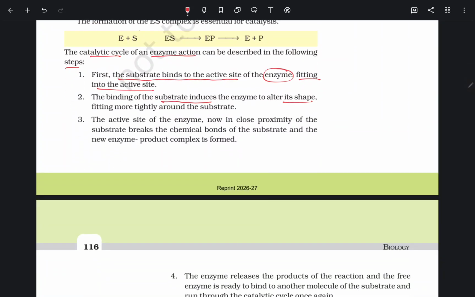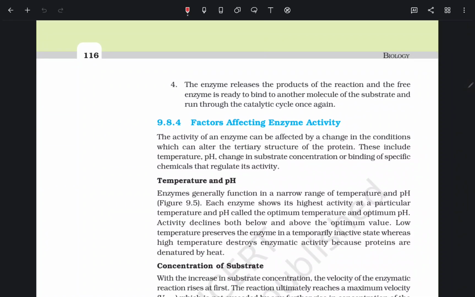The active site of the enzyme, now in close proximity to the substrate, breaks the chemical bonds of the substrate and the new enzyme-product complex is formed. The enzyme releases the products of the reaction and the free enzyme is ready to bind to another molecule of the substrate and run through the catalytic cycle once again.